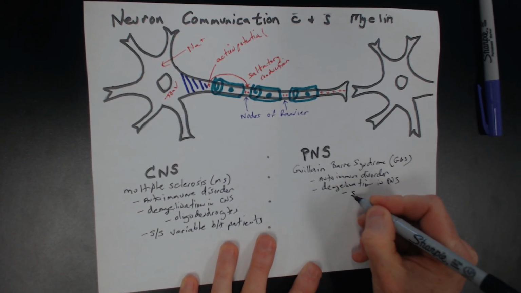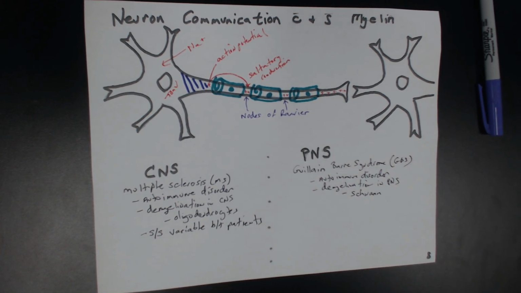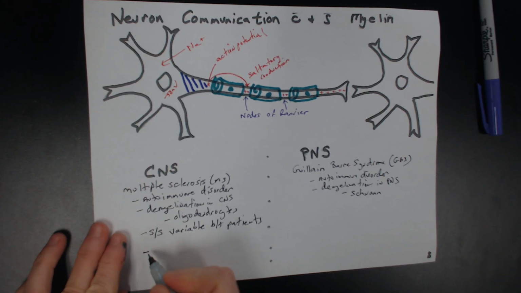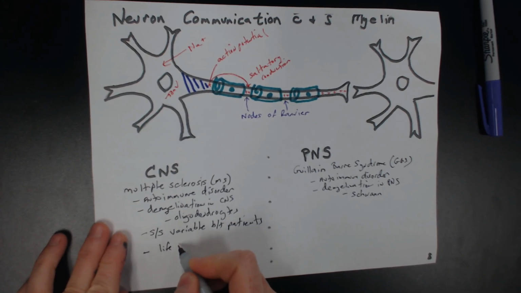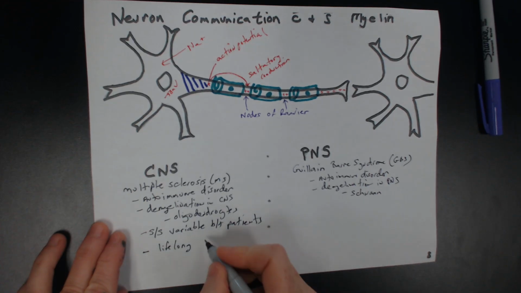And affects your Schwann cells because those are the myelinating cells in the PNS. Whereas, and one thing for multiple sclerosis, one thing I neglected to put here, this is a lifelong problem. Once you're diagnosed with multiple sclerosis, it is a lifelong problem.